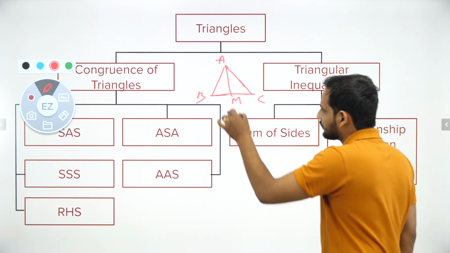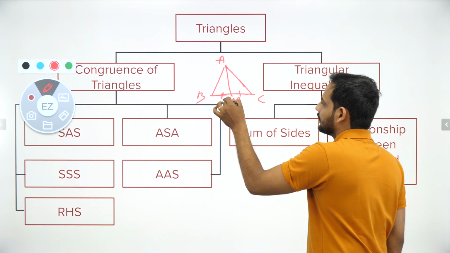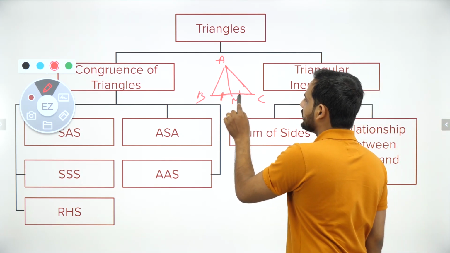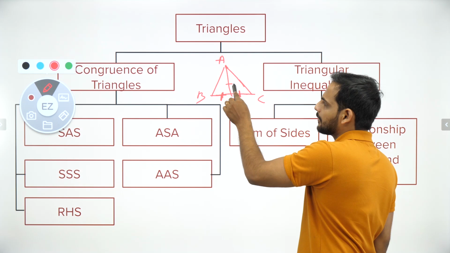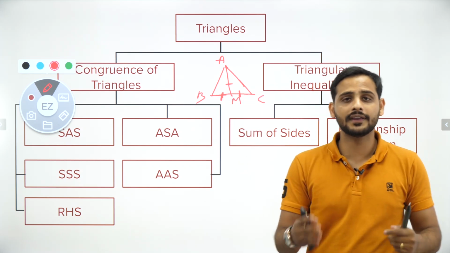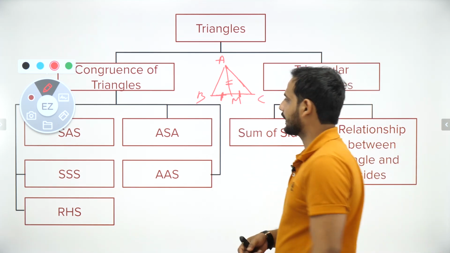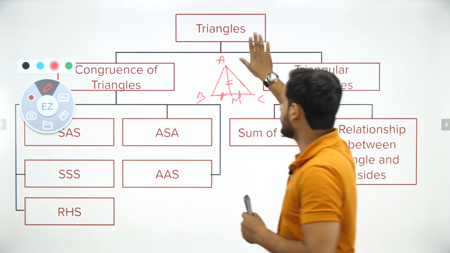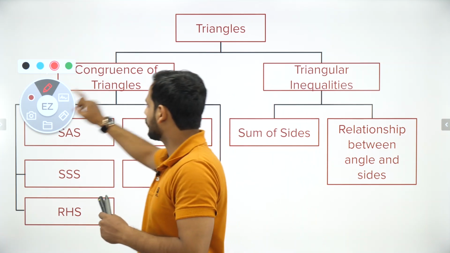Draw AM and then also show that BM is equal to MC, so that it stays in your head that BM is equal to MC and AM is common in these two triangles. This way you make your head go where you have to think. That direction is very important, and you will get it only when you draw the diagram.